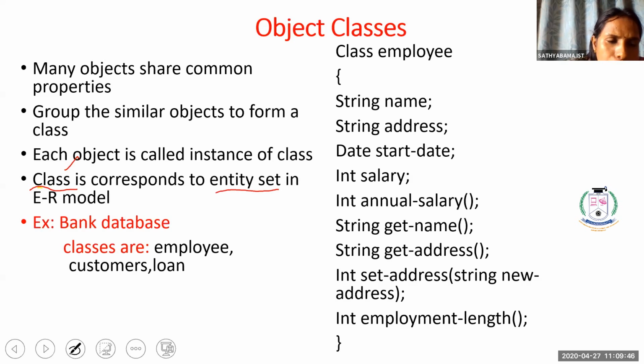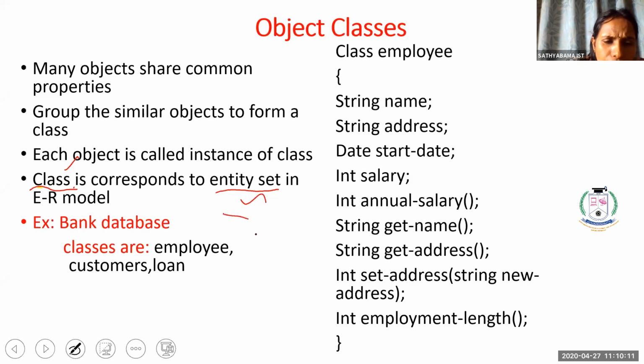Of course, a collection of more than one entity is called an entity set. As we said, a collection of objects is a class. Here, a collection of entities is called an entity set. So in that way, you have to correlate your object-oriented programming paradigm with your entity relationship model.